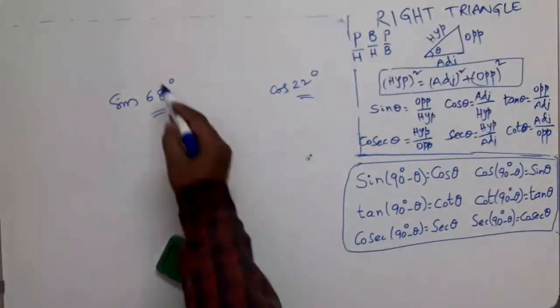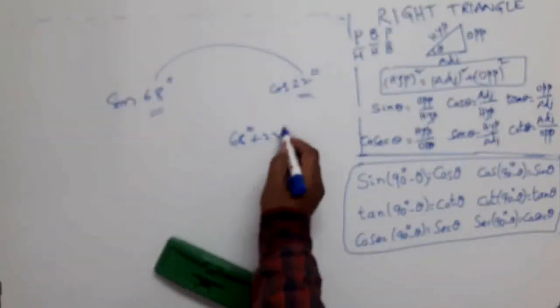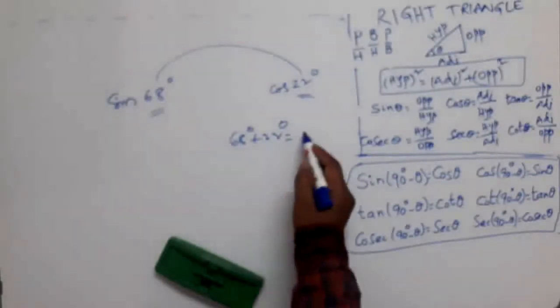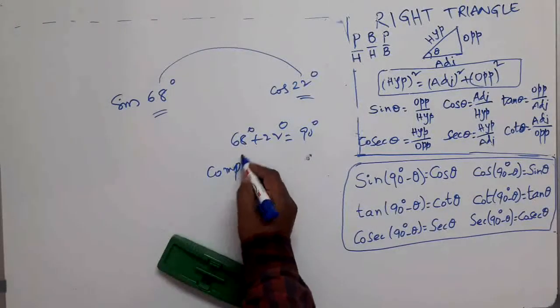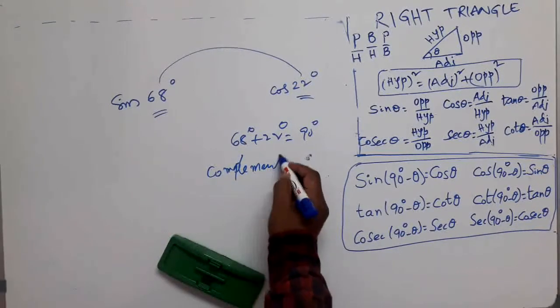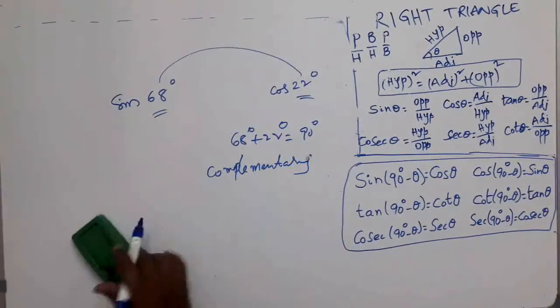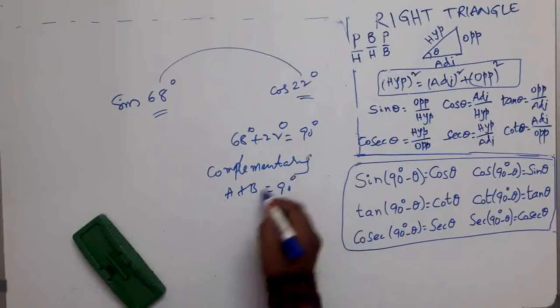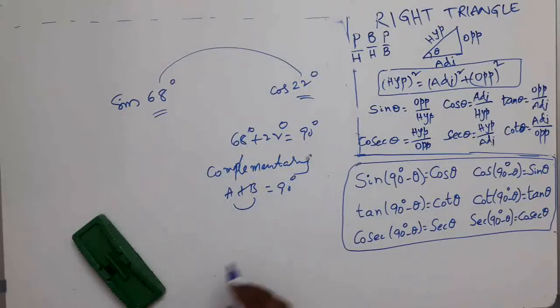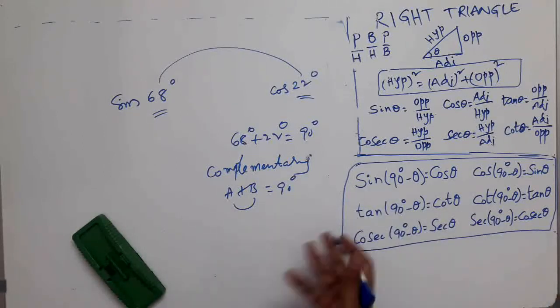Yes. If you observe, the sum of these two angles, 68 degrees plus 22 degrees, is 90 degrees, is it not? They are complementary angles. If A plus B is equal to 90 degrees, A and B are called complementary angles of each other. So in that case, this formula will hold good.